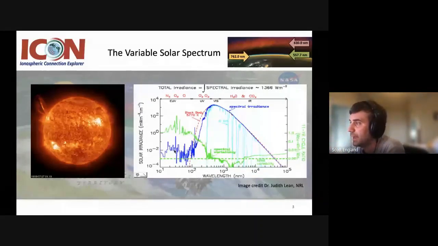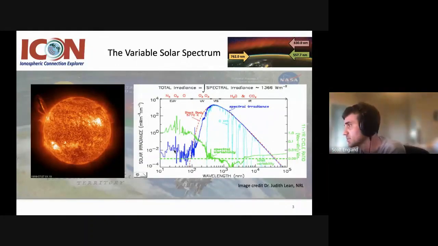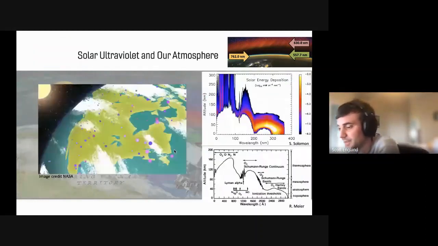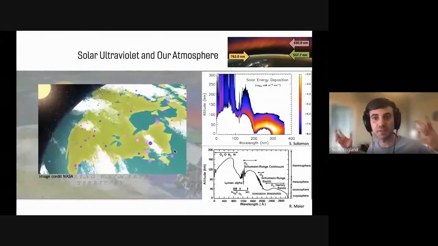And it's this really variable EUV that starts our story. We ask, what happens to this extremely variable radiation coming off the sun? Of course, it flies through space and it reaches the Earth.